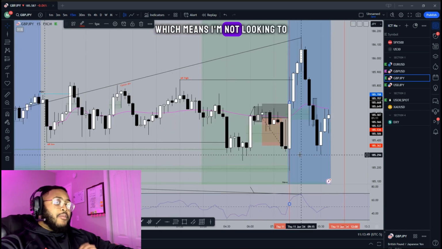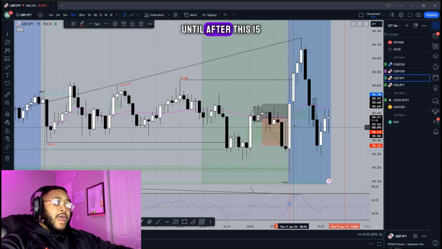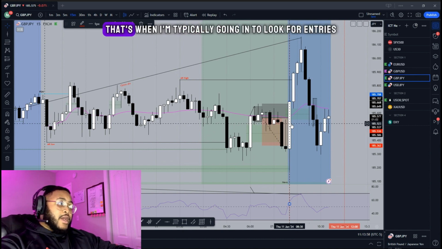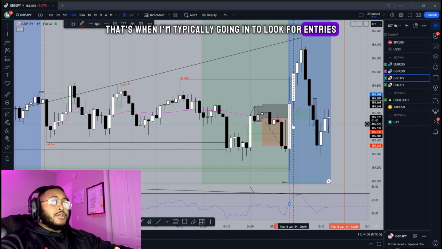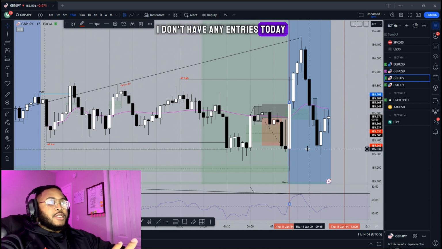Which means I'm not looking to put any trades in the market until after this 15-minute bar closes. After that, that's when I'm typically going in to look for entries. But for right now, I'm flat for today. I don't have any entries today.